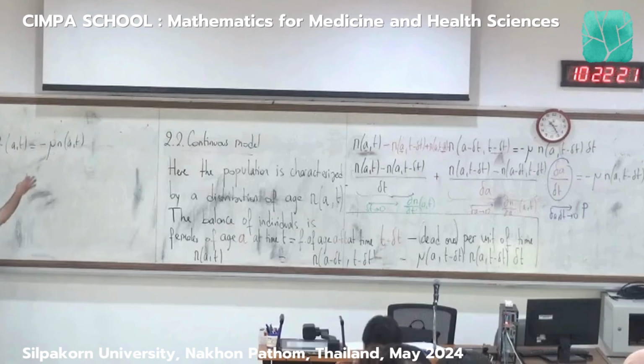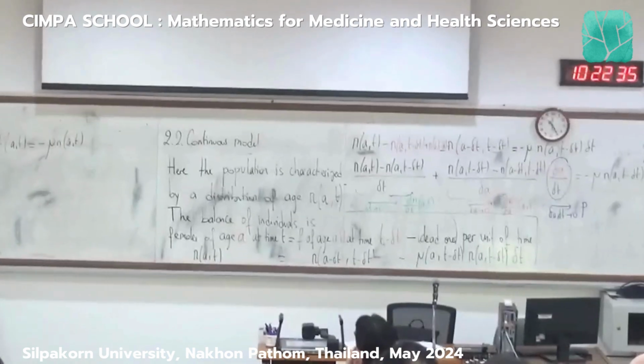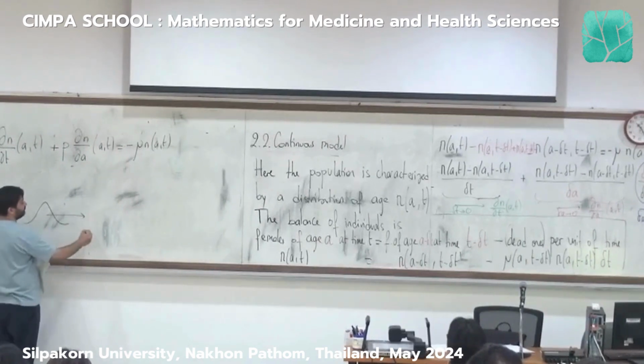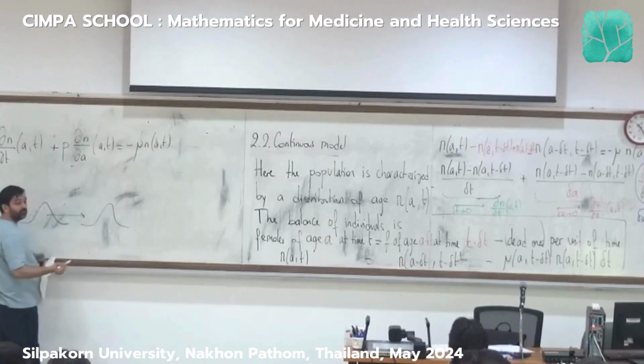When this is equal to 0, it is a transport equation. I will not have time to make the proof, but this is the idea. So when you don't have any more time t, you just say, okay, if you have an initial distribution of age, you will just become older with the time.